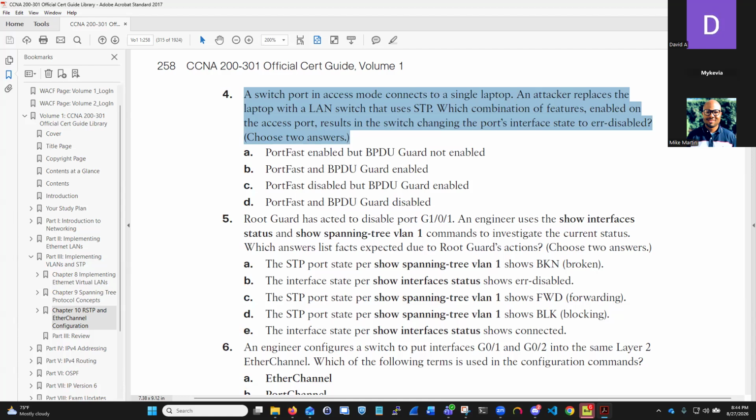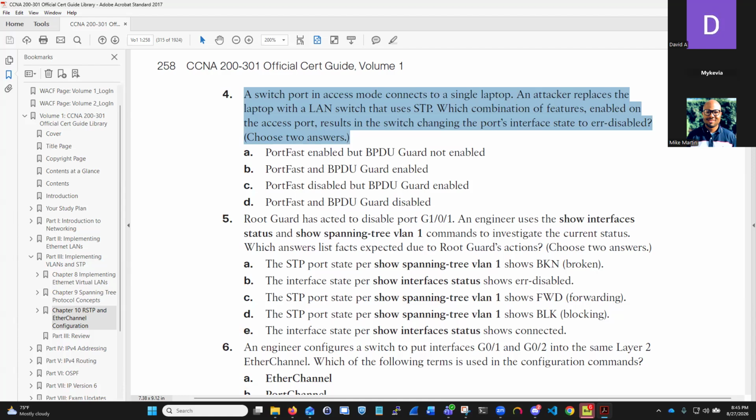Hold on. Well, if the BPDU guard is enabled, then it's going to go into error disabled. Yes, it is.